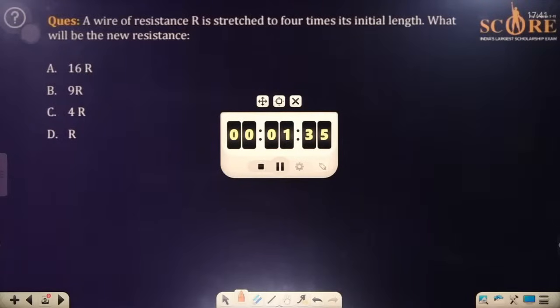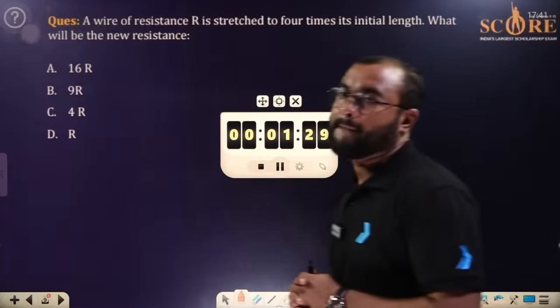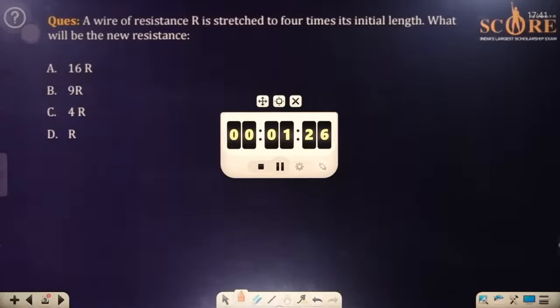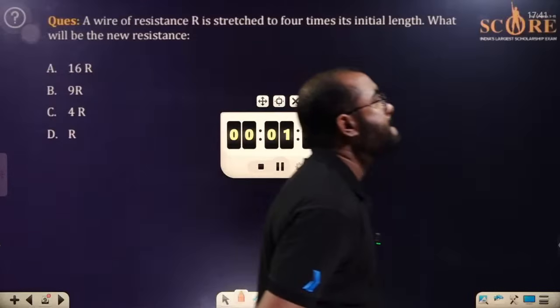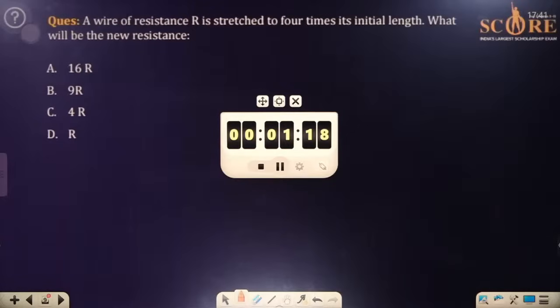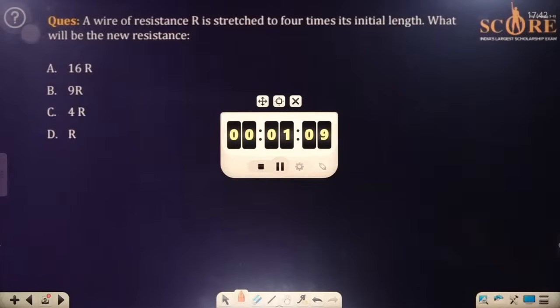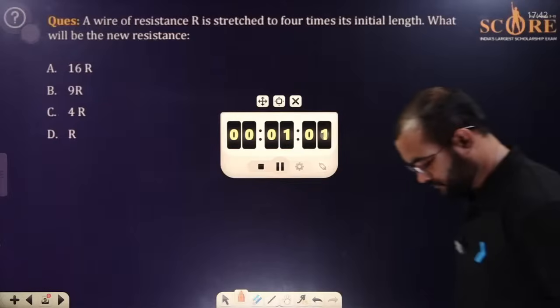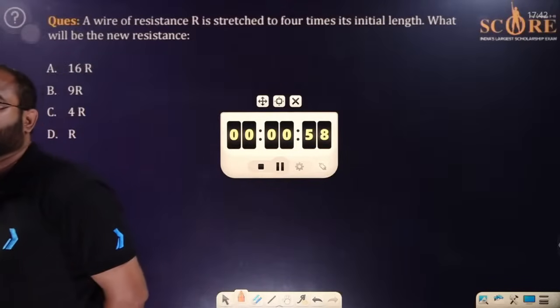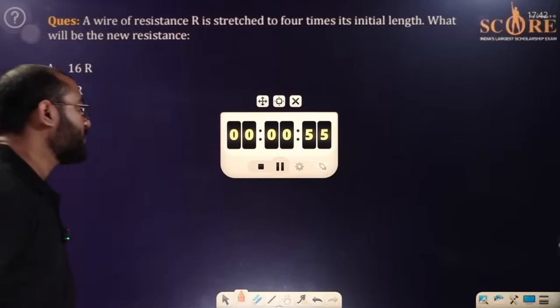What do you think, how to solve this question? Anyone with the solution, please? It's a pretty simple question, people.